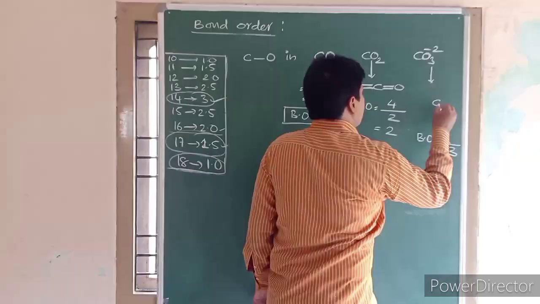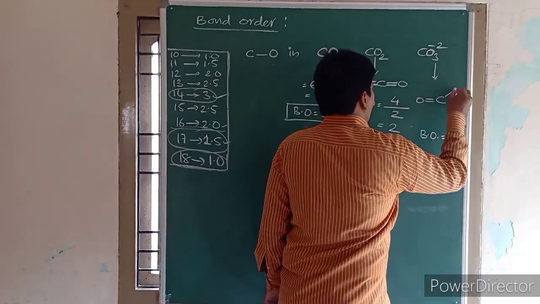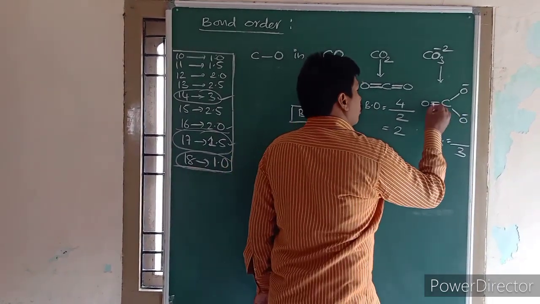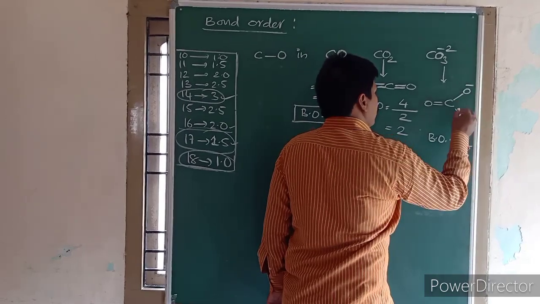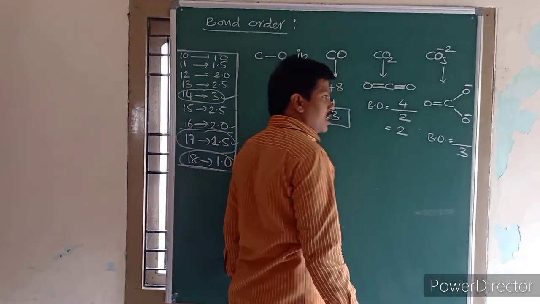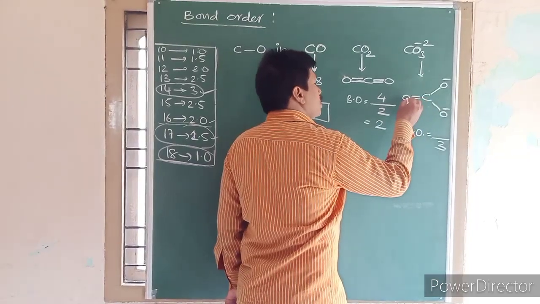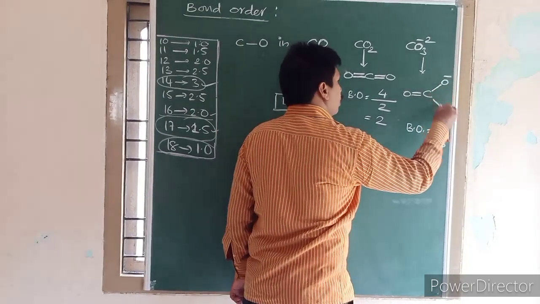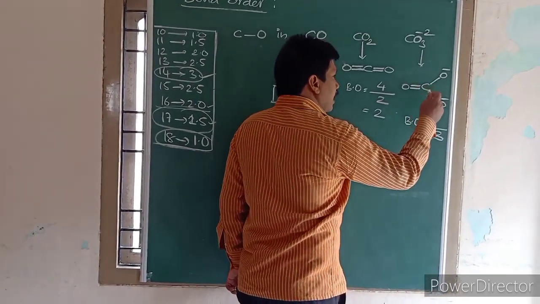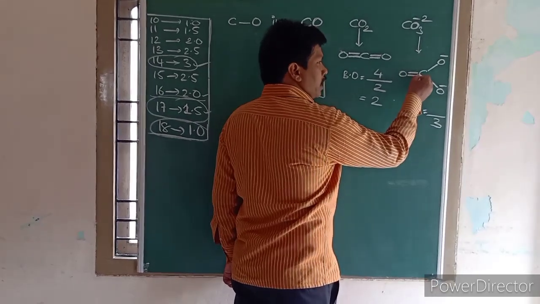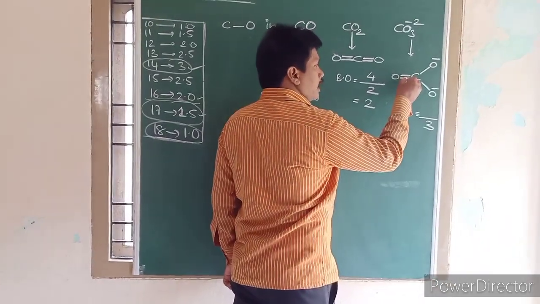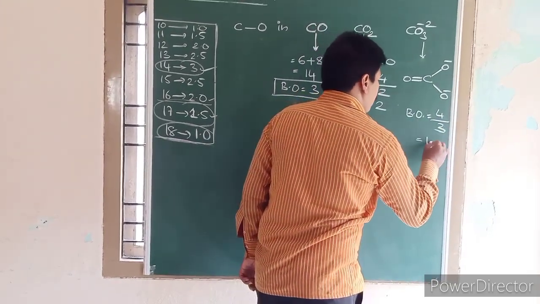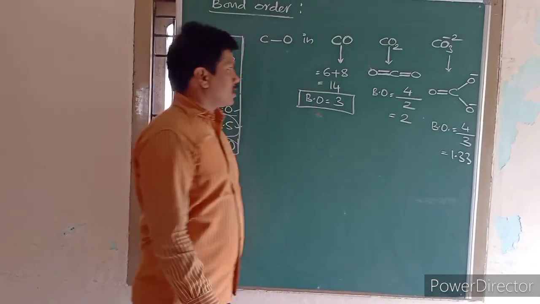The central atom C is surrounded by these oxygens in their resonance structures: C double bond O, and C-O-, C-O-. In all the resonance structures, in one structure 2 bonds are there, in the next structure only one single bond is there, and in another structure also a single bond. The total number of bonds is 4. 4 by 3 becomes 1.33.